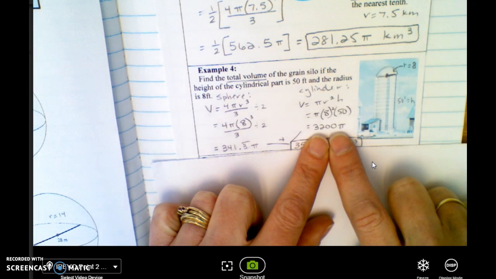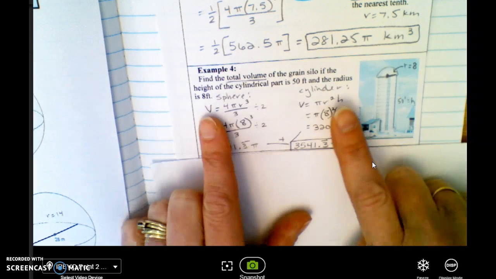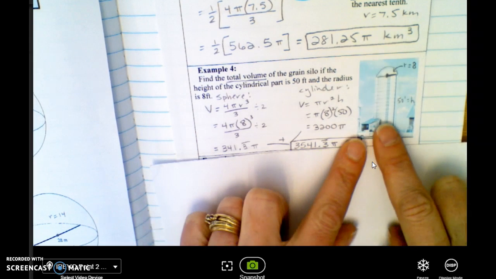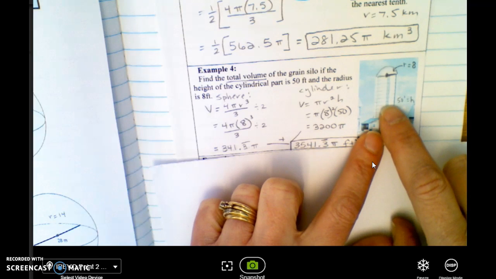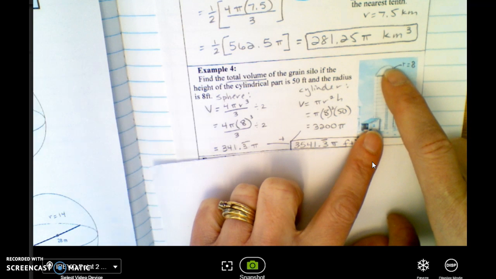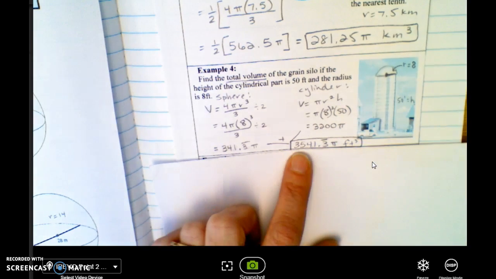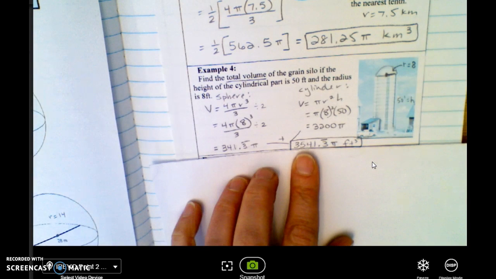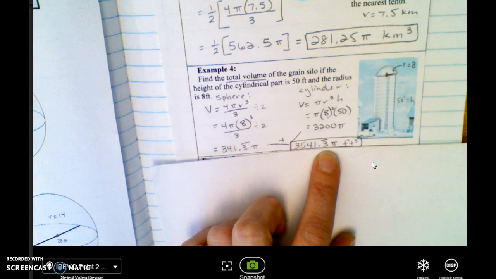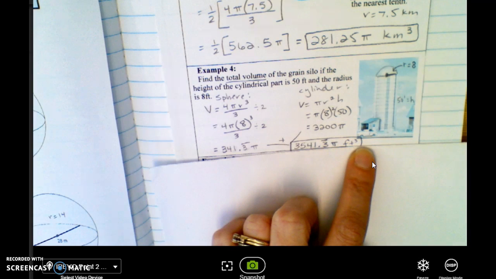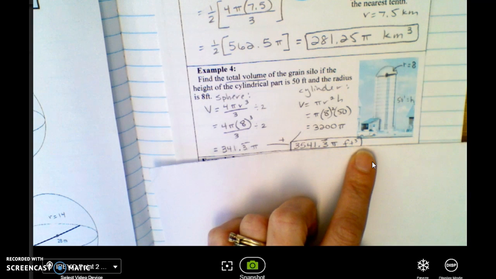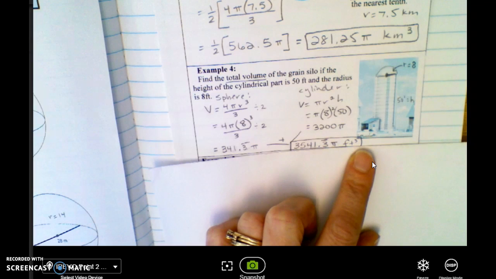We get 3,200 pi. We're combining these because theoretically we could store the grain all the way up to the very tip-top part of that hemisphere. So we get a total of 3,541.3 repeating pi. And again, I believe we're dealing with feet, so it's going to be feet cubed.